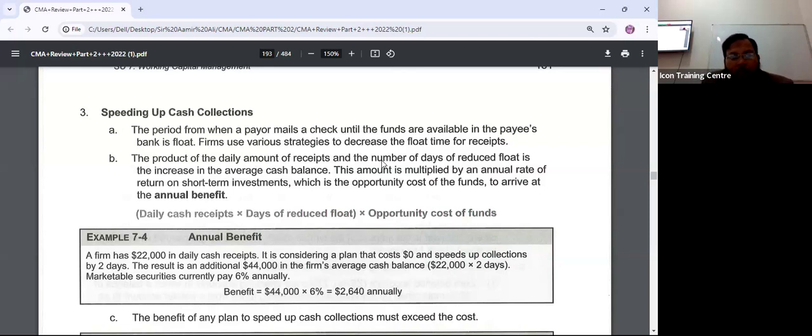The firm uses various strategies to decrease the float time for receipts. The product of the daily amount of receipts and the number of days of reduced float is the increase in the average cash balance. This amount is multiplied by an annual rate of return on the short-term investment, which is the opportunity cost of the funds, to arrive at the annual benefit.